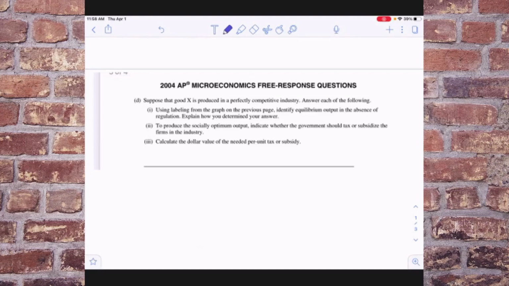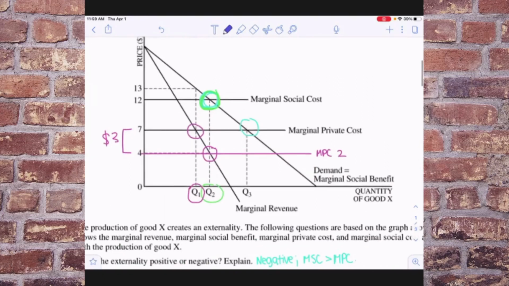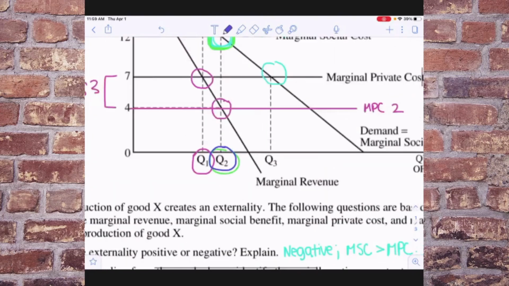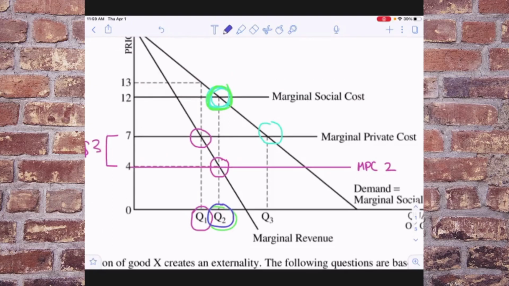So in this case, I'm going to go back and look at the graph and say if this was a perfect competitor, they would produce Q2. So for that part, I would say Q2 because MSC is equal to marginal social benefit. All right, so that's what I put down for D.